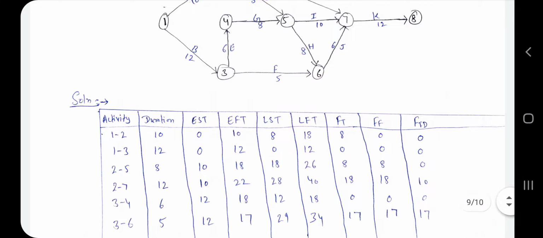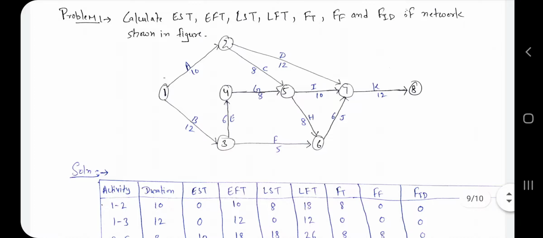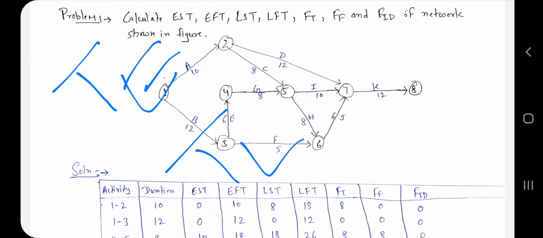Here I have already found all the values, but how we find these values, that part we discuss here. Before finding the EST, EFT and LST, you have to find the earliest occurrence time and latest allowable time, meaning you have to find TE and TL.